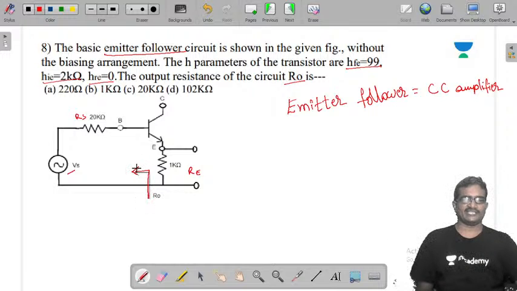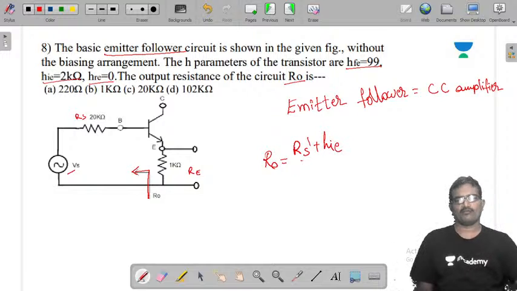At this point, by omitting RL, that is the intention. You have to disconnect it and calculate at these points. Already we calculated that R naught of a CC amplifier is Rs dash plus hie by 1 plus hfe. Rs dash is nothing but Rs in this problem because there is no biasing resistor.